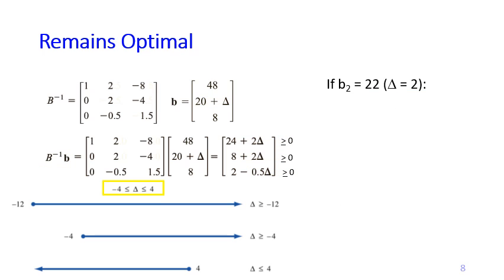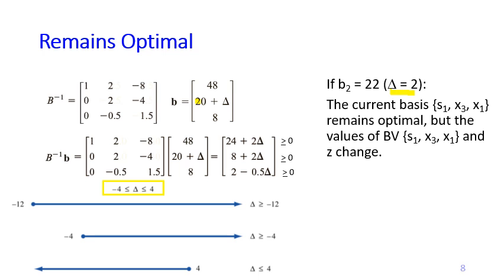So if b2 changes from originally 20 to become 22, which also means that delta equals 2, the current basis S1, X3, X1 remains optimal, but the values of those variables and also the z value change.